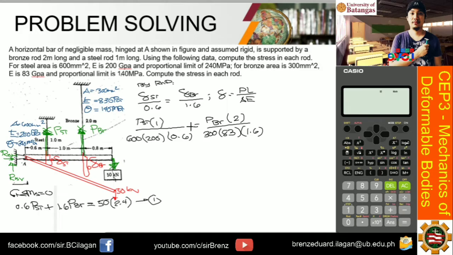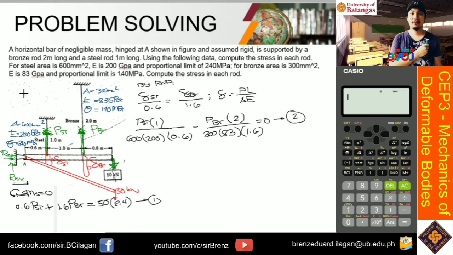Okay guys, so ito, ang gawin ko, i-transpose ko sa kabila. So mangyayari lang, magiging minus to kasi nilipat ko sa kabila, and then magiging equals to 0. So this will be my equation number 2.